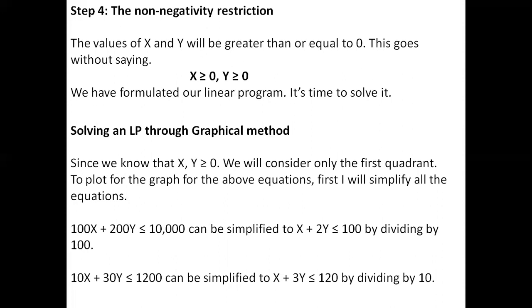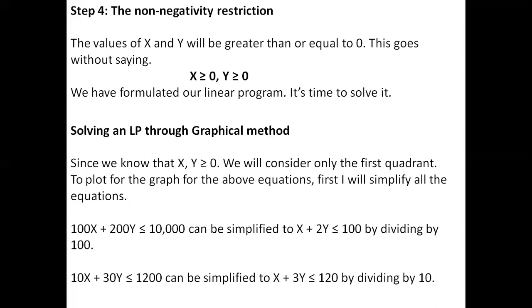Here x and y are definitely greater than 0, not equal to 0. We can clearly specify this because there are 110 acres of land for manufacturing, and definitely wheat is growing, and barley is also growing in that land. Hence x is greater than 0, y is greater than 0.